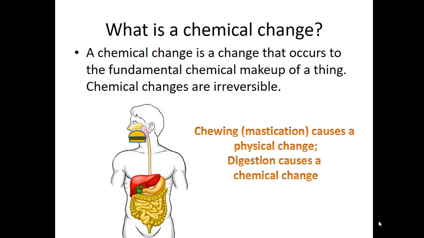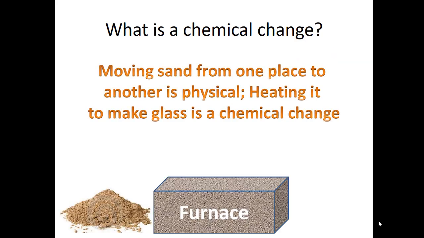So here's a burger that goes down, and once it goes down into the gut, right, that burger dissolves and the proteins get absorbed and the carbohydrates get absorbed and all of that. And so what we're looking at again is a chemical change. It occurs and it changes the fundamental chemical makeup. You go from one particular molecule, it gets reacted on and it becomes another molecule, and that's irreversible, right?